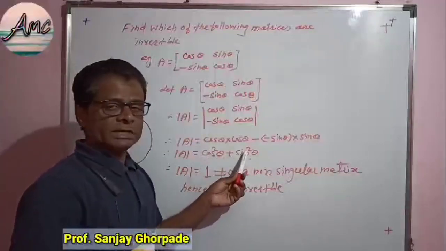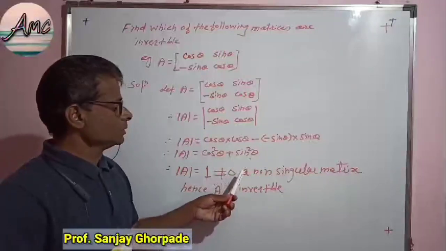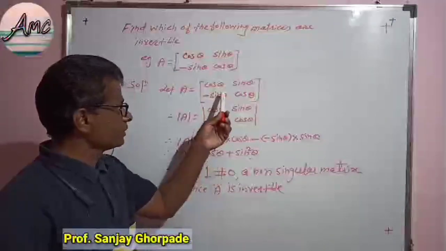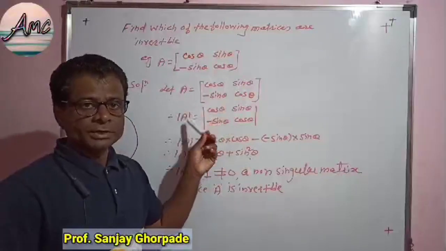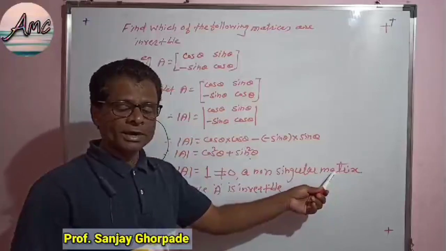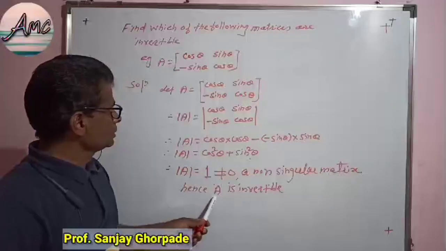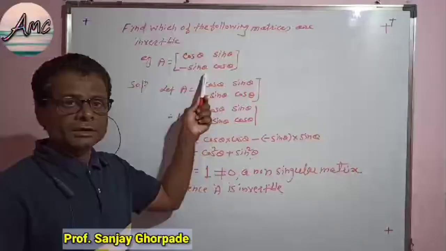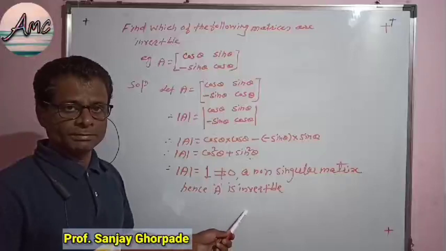Cos square theta plus sin square theta is always equal to 1, so definitely not equal to 0. The determinant of the given matrix is not equal to 0, which means it is a non-singular matrix. Since it is a non-singular matrix, its inverse exists, and hence matrix A is invertible.